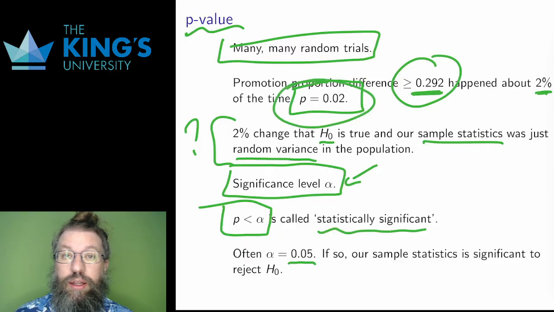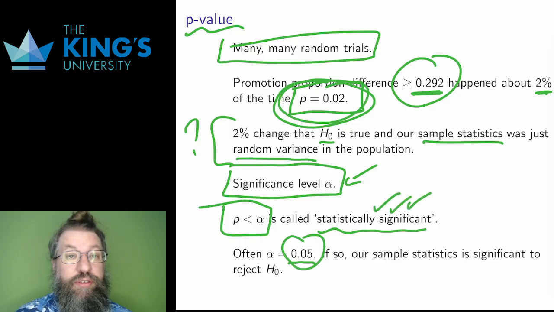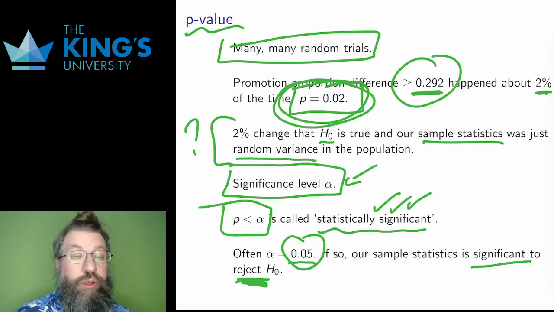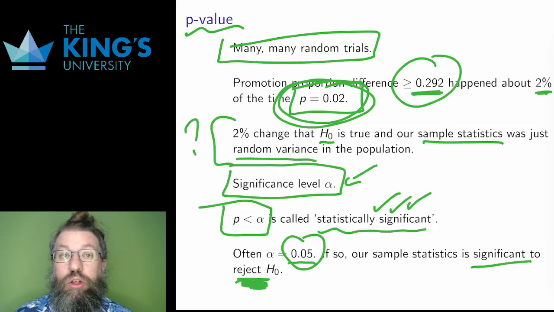In this study, the p-value is 0.02, which is indeed less than 0.05. So, by that standard, this sample statistic is considered statistically significant. As statistically significant, it is justification for the study to reject the null hypothesis and argue that the alternative hypothesis must hold.